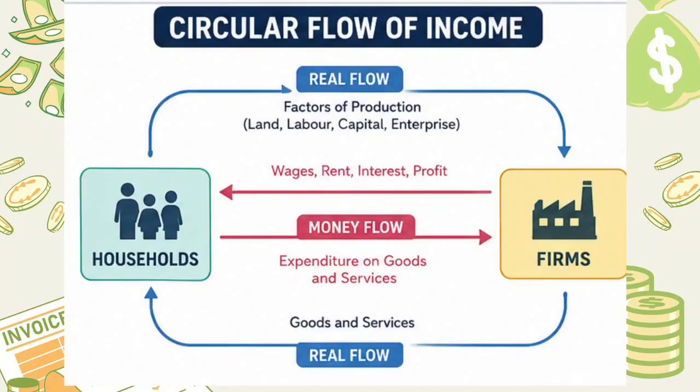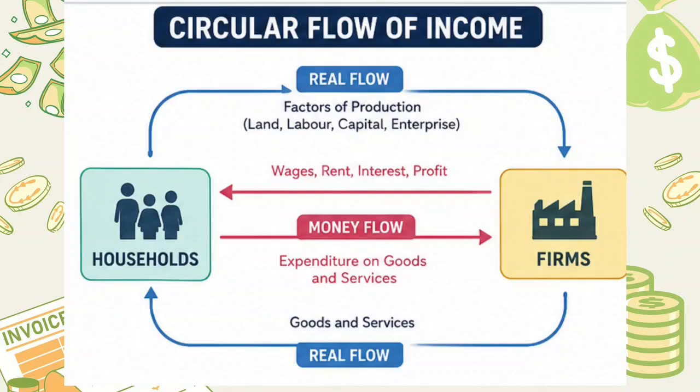Now the next topic is the circular flow of income. The circular flow of income explains how money and resources move continuously between households and firms. The first step is that households provide factors of production like land, labor, capital and entrepreneurship to firms. The firms use these resources to produce goods and services. Then firms pay households wages, rent, interest and profit against the resources provided by households.